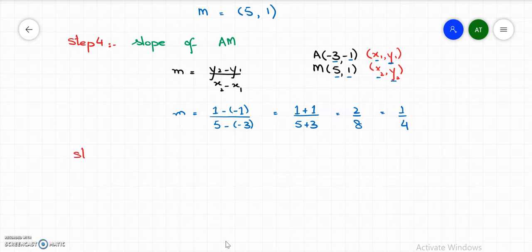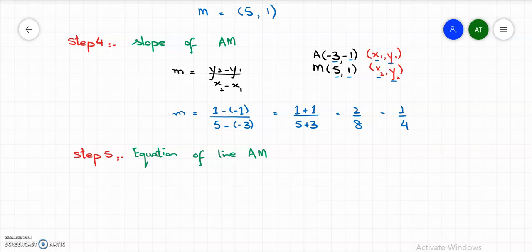So in step 5, we need to find the equation of line AM.